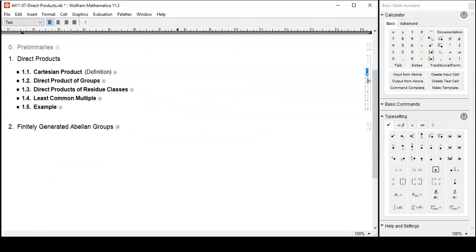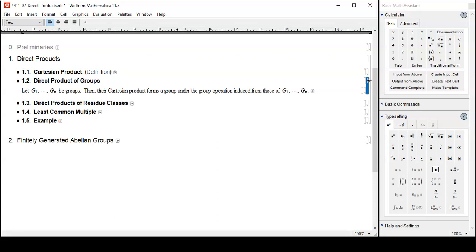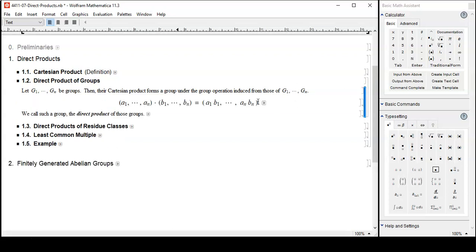Now let's go to the direct product of groups. Let G1 through Gn be groups, and their Cartesian product forms a group under the group operation induced from those of G1 through Gn by taking component by component: a1 times b1, a2 times b2, ai times bi all the way over to an times bn, component by component.